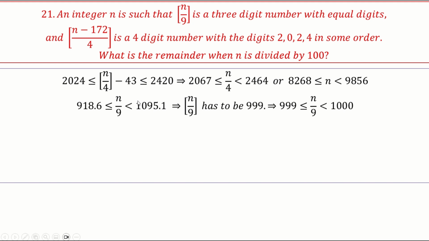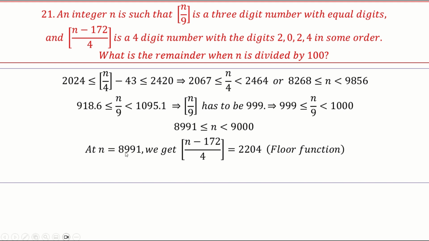Only 999. So n by 9 has to be 999, which means n by 9 is between 999 and 1000, floor value. So n is between 8991 and 9000. This is the range of n now.